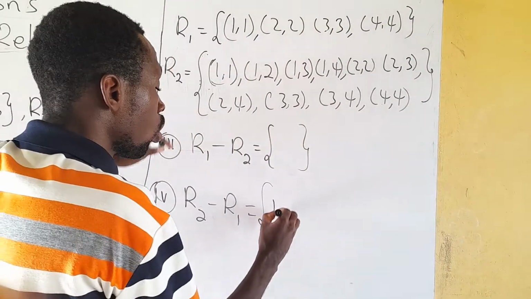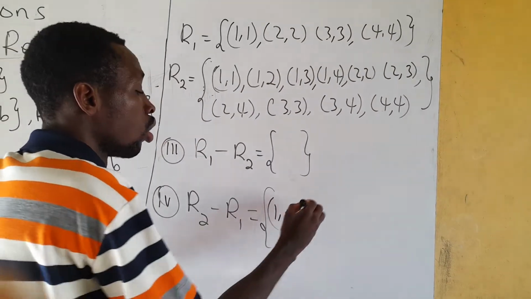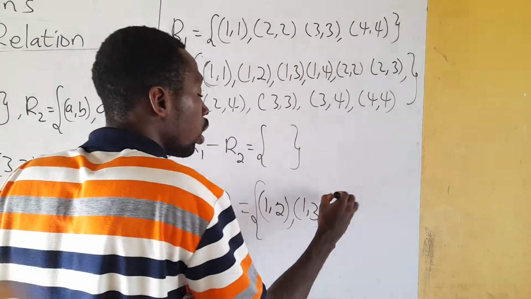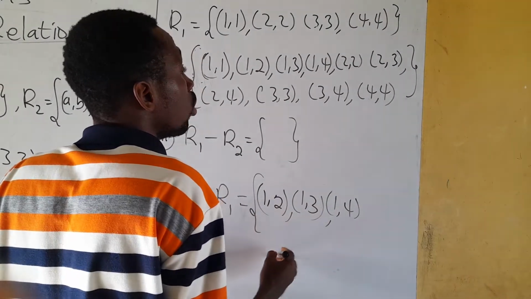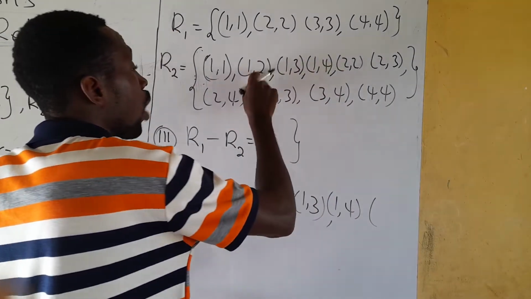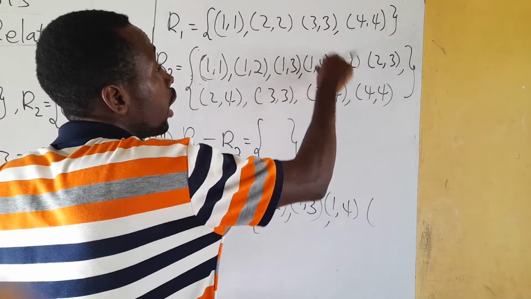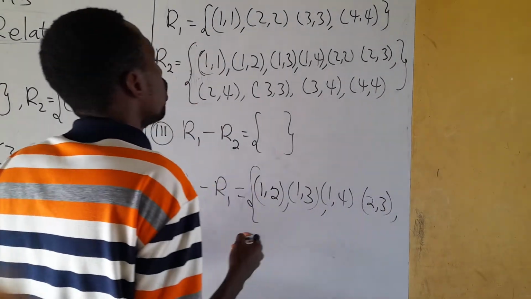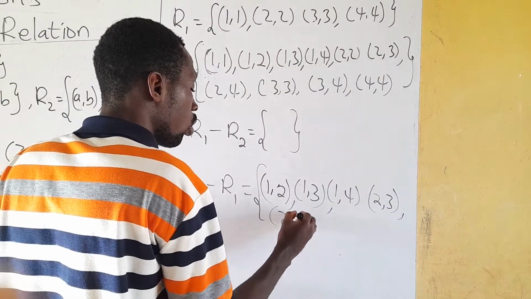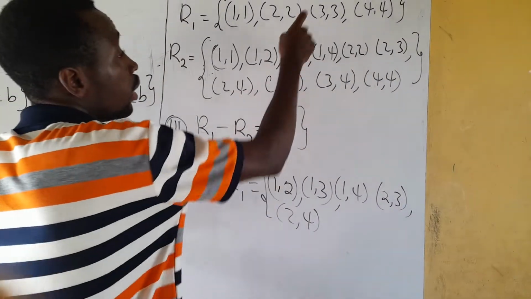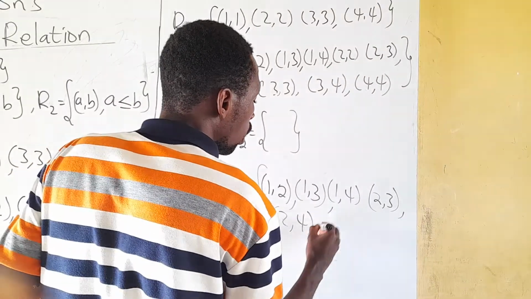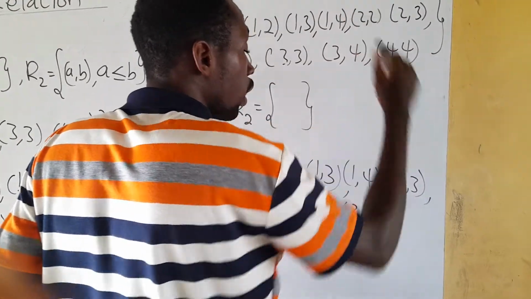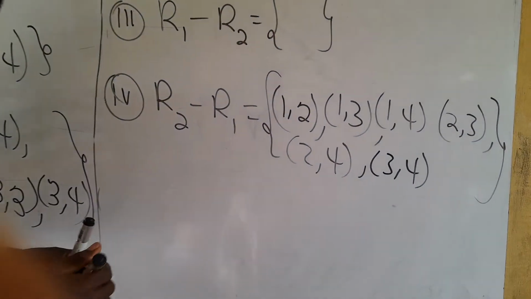So we have 1, 2, 1, 3, 1, 4, they are not in R1. 2, 2 is there, is here, so it is not part. 2, 3. 2, 4. 3, 3 is here, is there, so we'll not write. Then 3, 4. 4, 4 is there, so we'll not write. Then this becomes R2 difference R1.